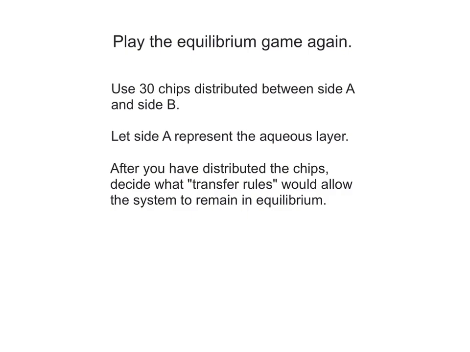Recall that in the solubility situation, you had one row of chips leave the solid to go into solution, but 3 rows of chips left the solution to crystallize back into the solid. Here the situation is a bit different because the iodine is in solution in both the hexane and aqueous layers.